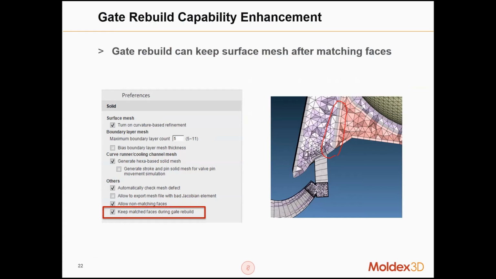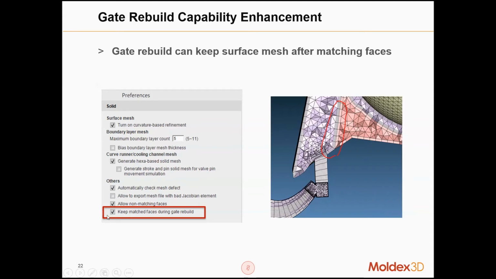Gate review, some improvement for the gate review functions. In the past, if we have a part and part insert, and if the gate is very close to the part insert, after the gate review, it will change the mesh in the contact surface, in between the contact surface, and it causes the non-matching problems, and it's very annoying.